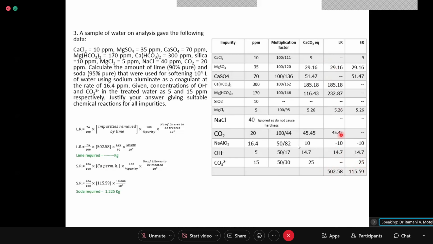Then add these things together and deduct this part. Okay, so check whether you are getting this value. Okay, 200, 300, 400, 400, and this will be, check out whether this is coming out to be 502.